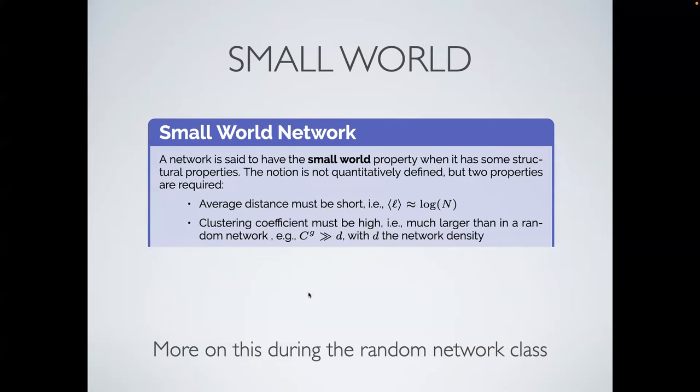This is, again, commonly the first thing you check when you have a network. Does it have this small world phenomenon? Some real networks do not have it. For instance, if you look at a network of streets, roads that you can take with a car, in France or in Europe, you immediately understand that it does not have a short average distance, because to go from Lyon to Moscow, for instance, I need to change direction many times.